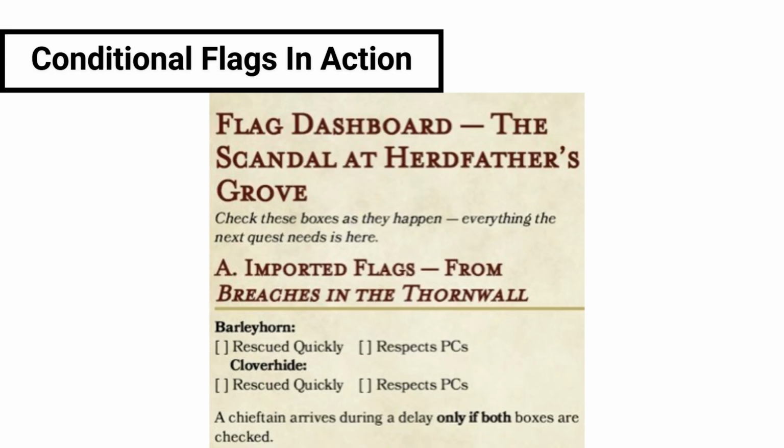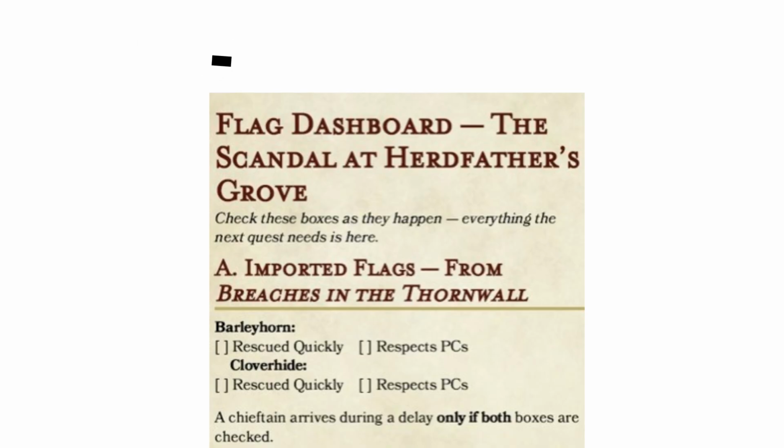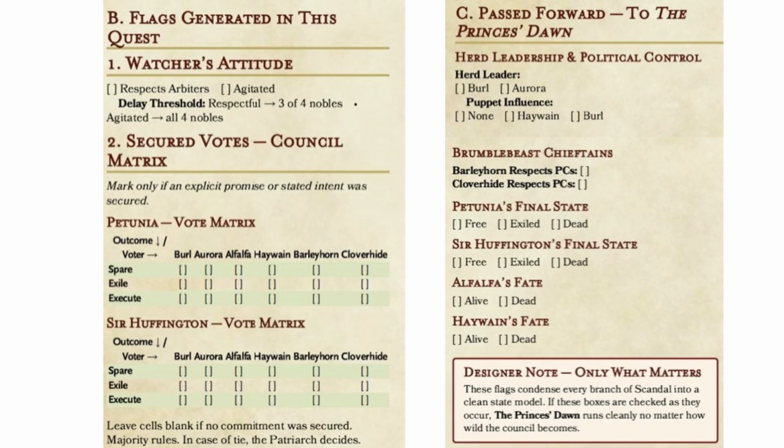In the second quest, The Scandal at Herdfather's Grove, the majority of the arc's internal complexity is generated. And this is where you can see the pipeline clearly operating. This quest imports the flags from Quest 1, and these flags now support who supports which claim or is willing to intervene. But again, those Quest 1 flags still do not become final output variables. They're still internal modifiers.